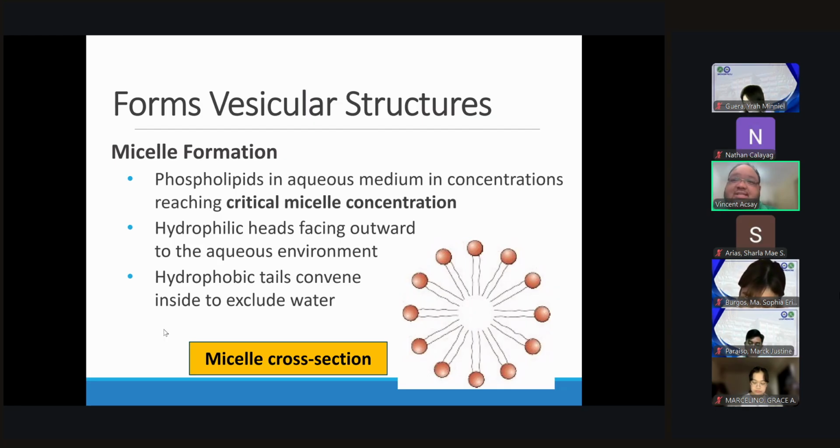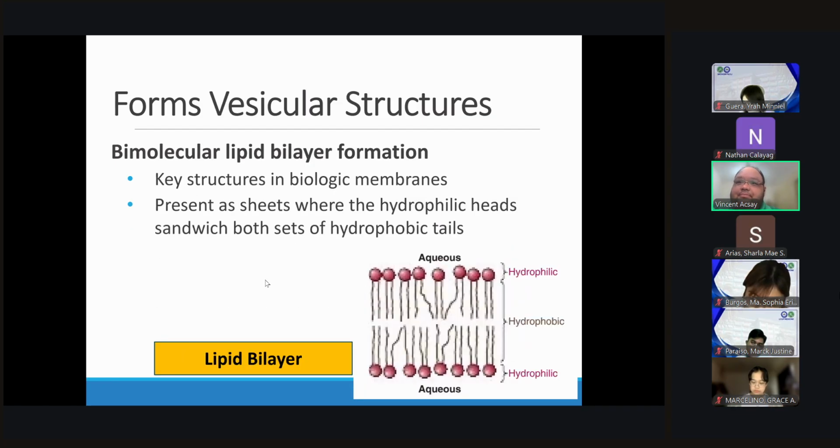Thing is, micelles can only grow so far, because if they become bigger, there will be a space big enough for the aqueous solution to enter the micelle. To address that, they can instead form bilayers.